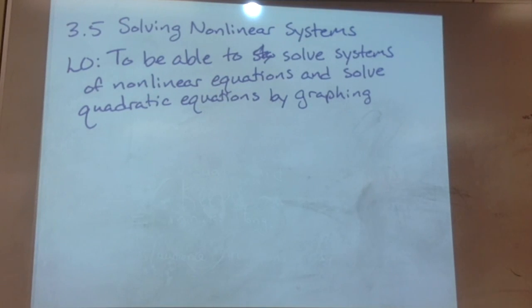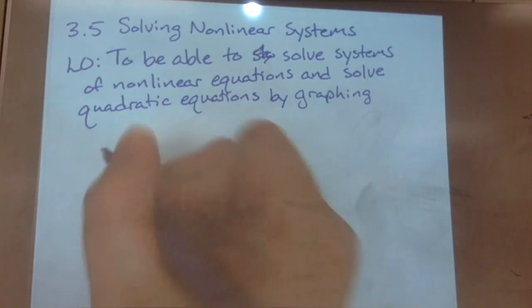So we've talked about systems of linear equations before, where two lines intersect each other. And remember, the solutions to a system of equations are where the graphs of the equations intersect each other.